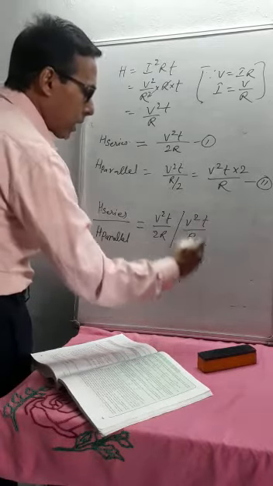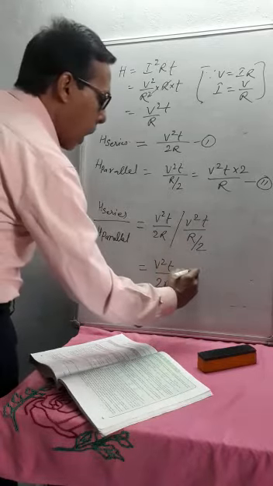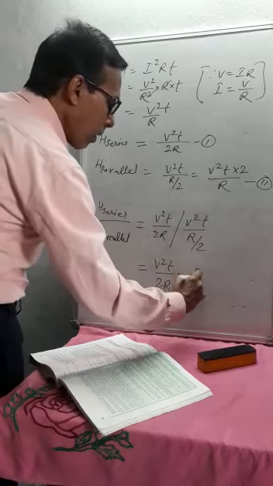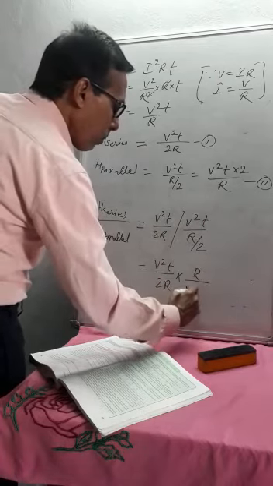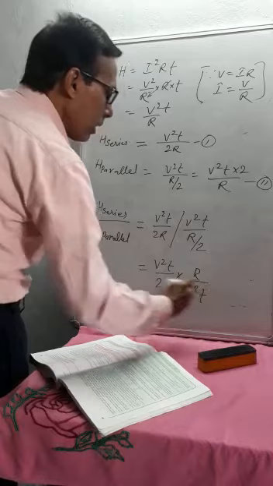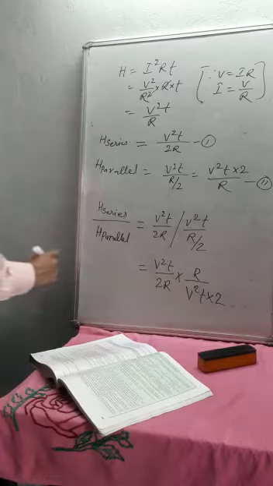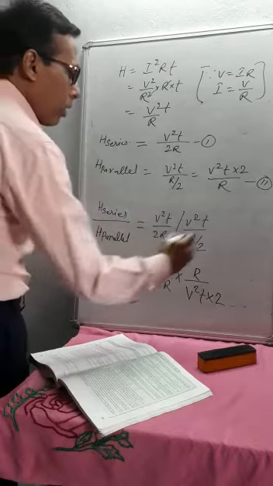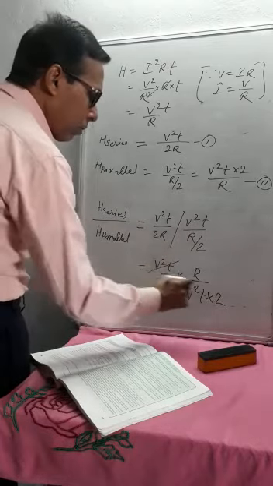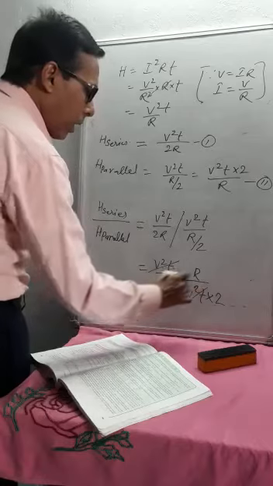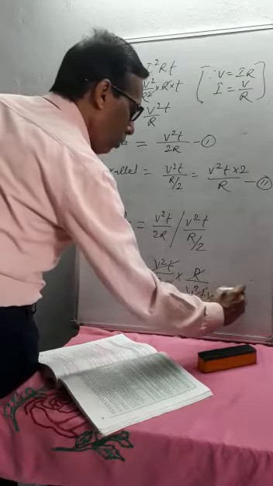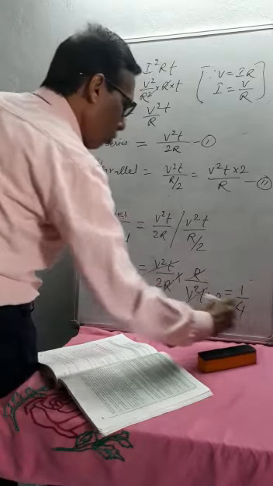On multiplication, R by V square T into 2. So V square T cancels, R cancels, which is equal to 1 by 4.